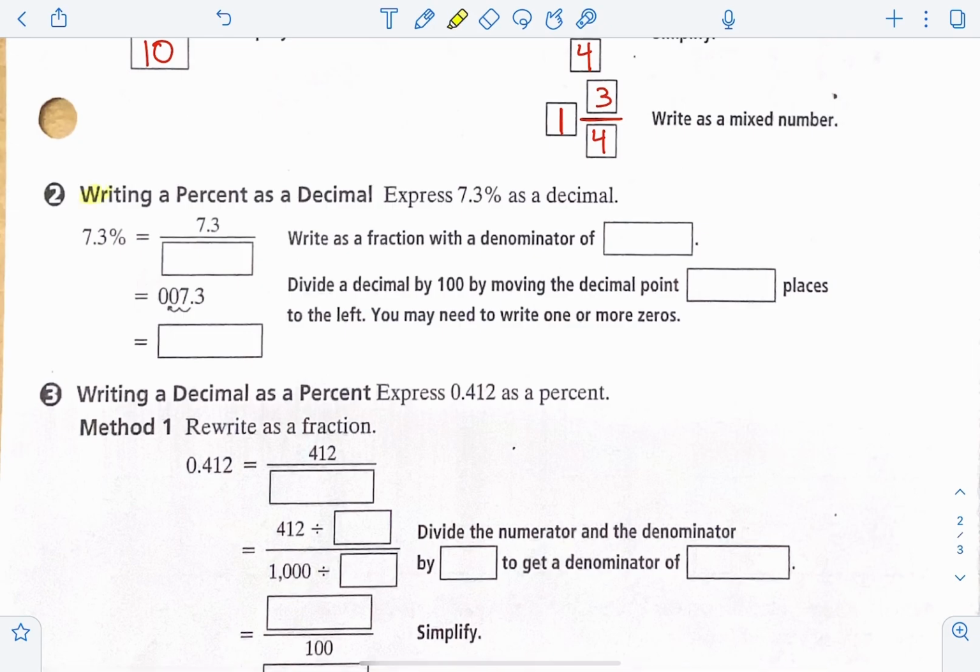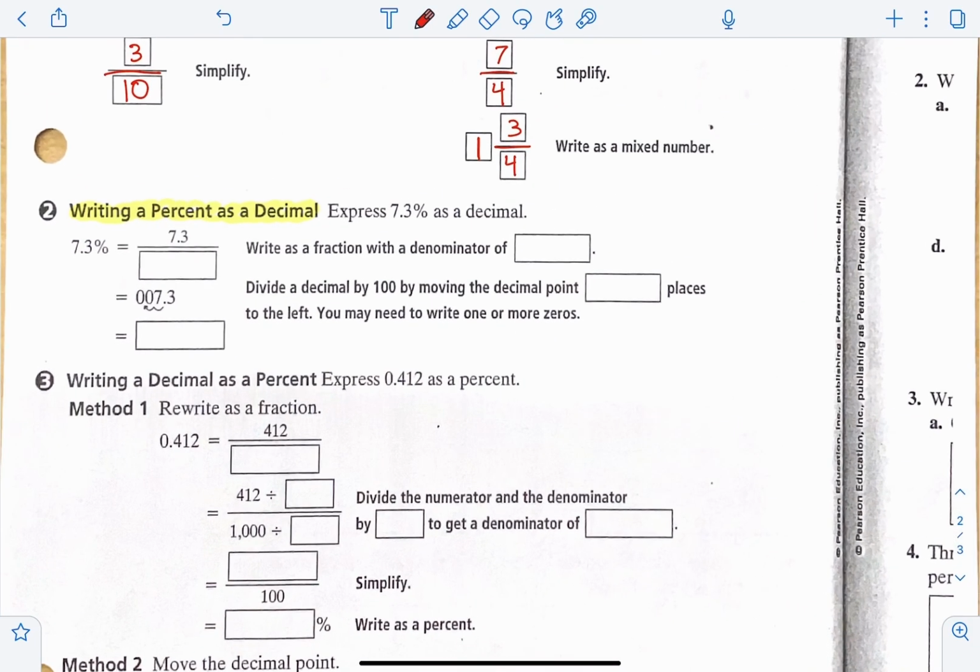When you're writing a percent as a decimal, over here we're going to say percent to decimal. You're going to divide by 100.